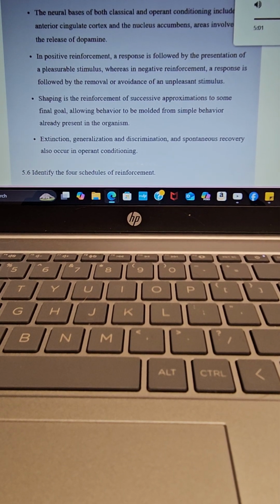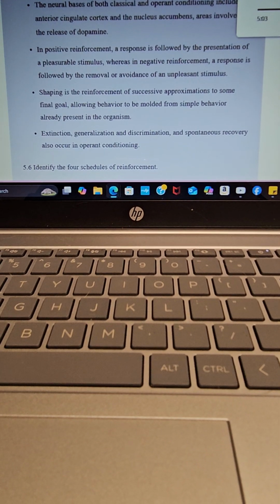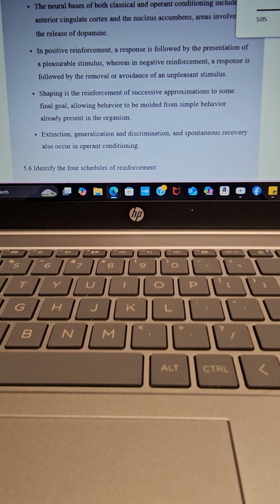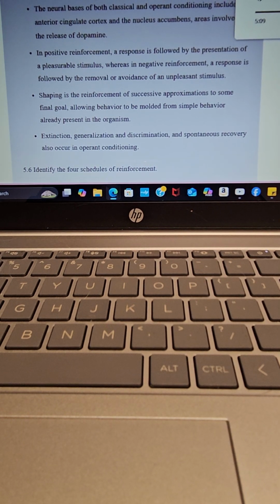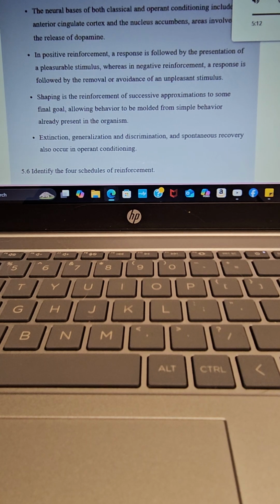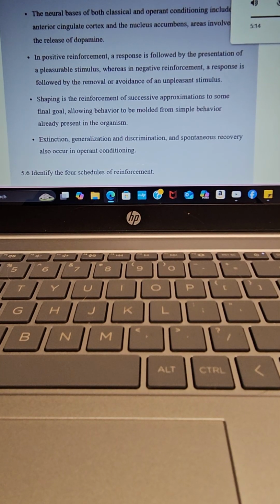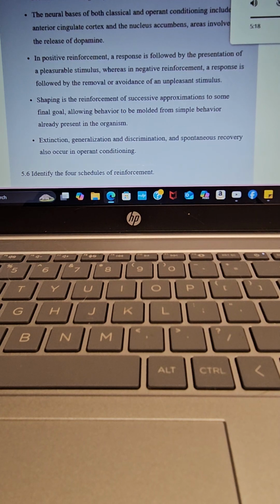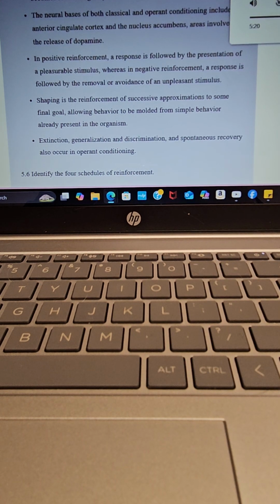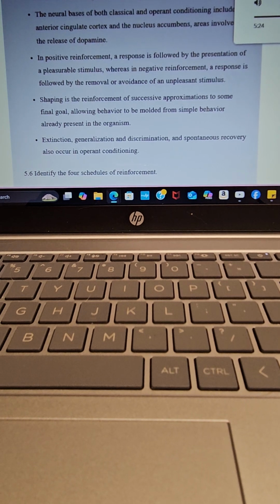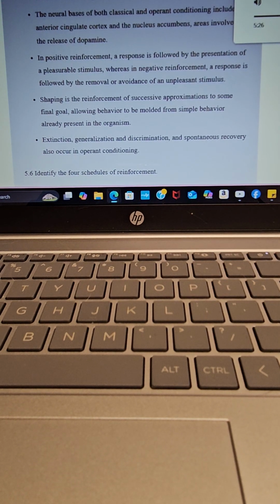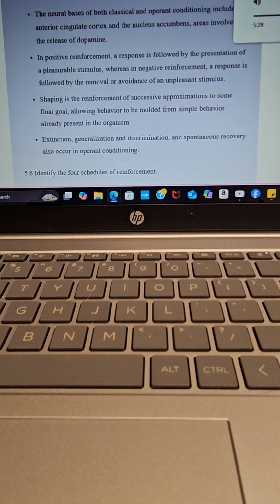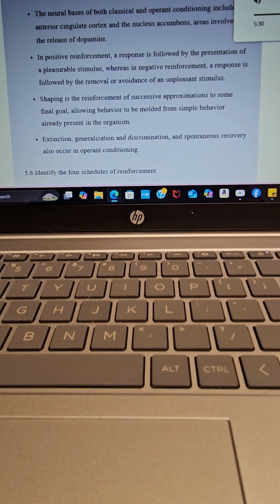The neural bases of both classical and operant conditioning include the anterior cingulate cortex and the nucleus accumbens, areas involved in the release of dopamine. In positive reinforcement, a response is followed by the presentation of a pleasurable stimulus, whereas in negative reinforcement, a response is followed by the removal or avoidance of an unpleasant stimulus.